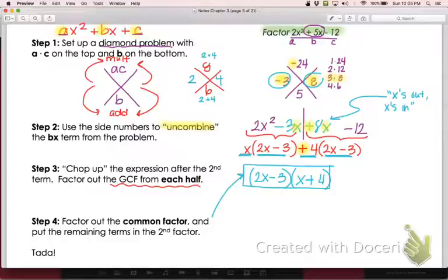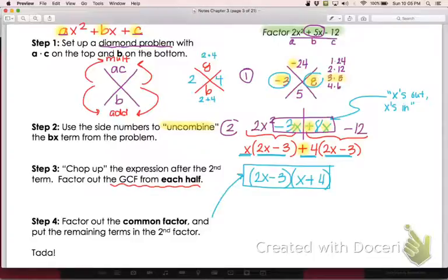So let's walk back through this step by step. Step 1 was to set up the diamond problem. We multiplied a times c, that's how we got negative 24 on the top, and then b just comes straight to the bottom. We picked negative 3 and 8 because they multiply to make negative 24 and they add to make 5. The second step was we took those two numbers, negative 3 and 8, x is out, x is in.